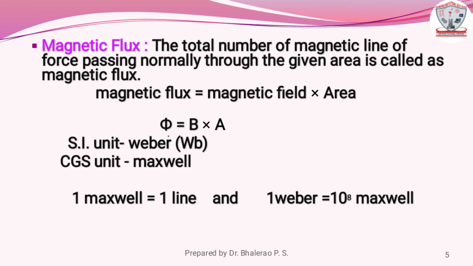In equation, we can write phi is equal to B into A. B represents magnetic field, A represents area, phi represents magnetic flux. The SI unit is Weber. The CGS unit of magnetic flux is Maxwell. And here the relation: 1 Maxwell is equal to 1 line and 1 Weber is equal to 10 to the power 8 Maxwell.